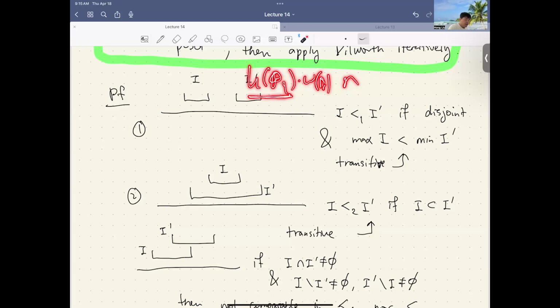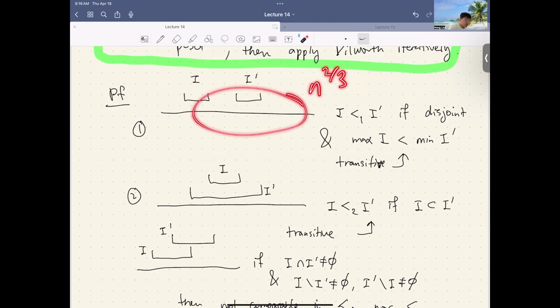Either you have a chain of size n to the 1/3, then we are done. You have n to the 1/3 pairwise disjoint. Or you can find a subset of n to the 2/3 intervals in which they are pairwise incomparable. They form an anti-chain in the first order. Now you look at the second order, but on this set of n to the 2/3 elements.